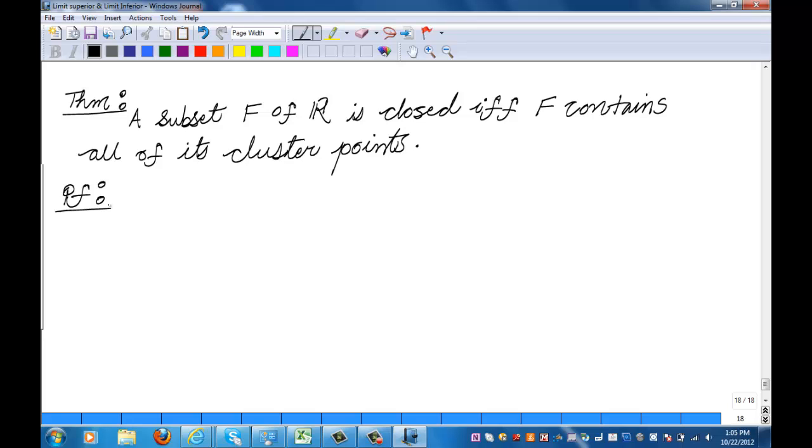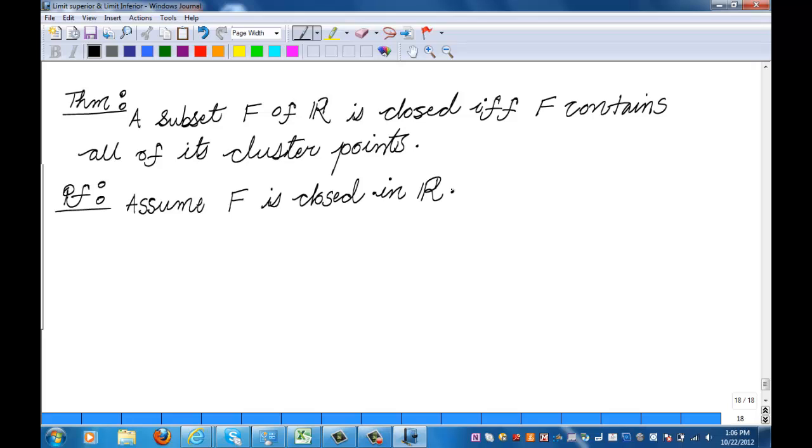So let's just go this way. Assume F is closed, and then I have to show F contains all of its cluster points. Okay, how do we show that?